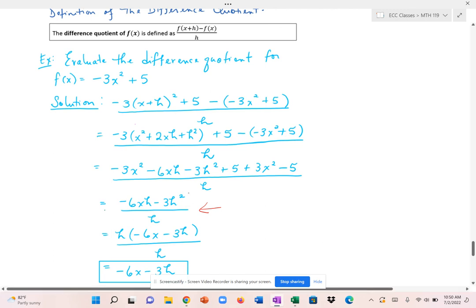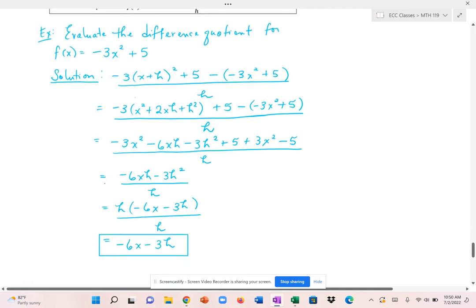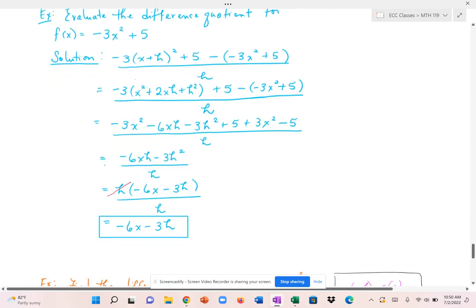And so what I did was I factored out an h from here because I know that if I do that, I can cancel with the h in the denominator. So I get h times -6x minus 3h. Then the h that got factored out cancels with the denominator, and the difference quotient is -6x minus 3.